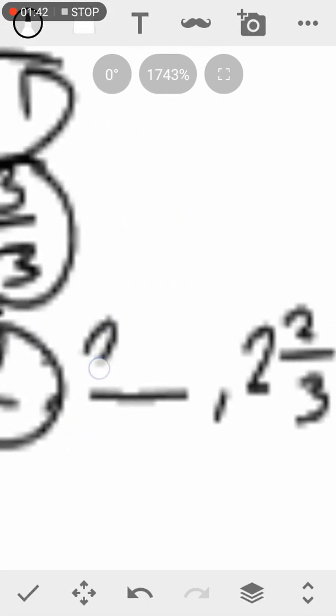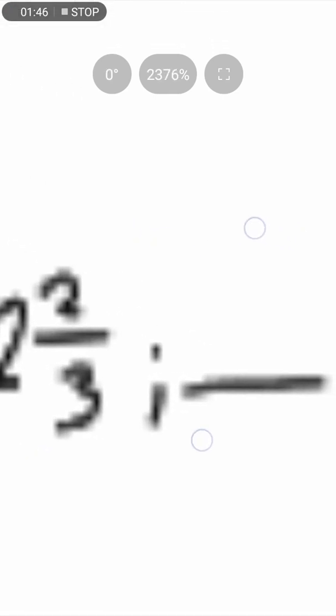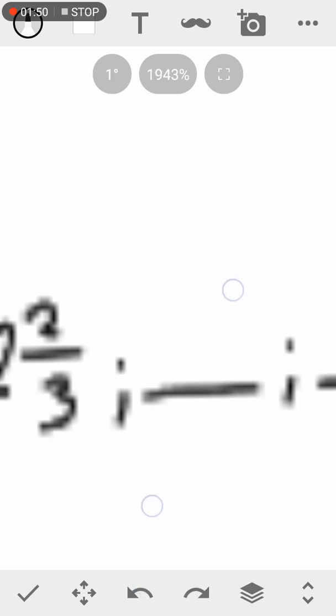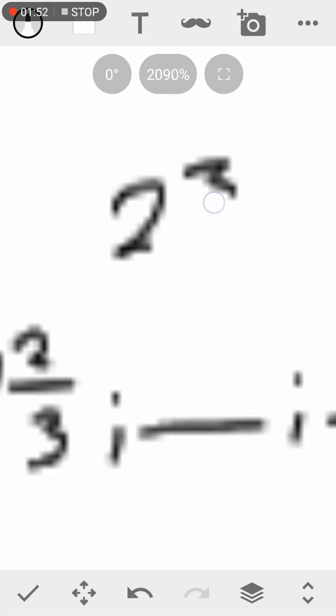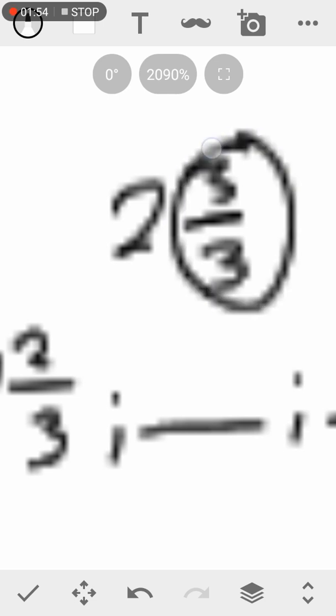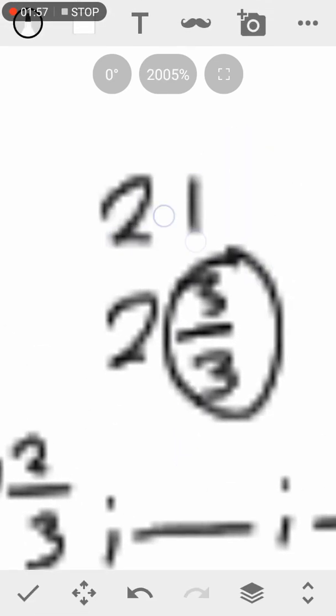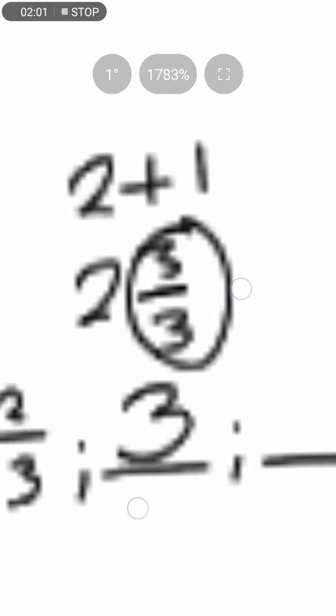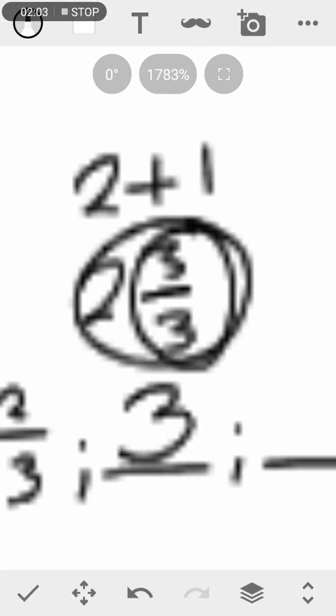Then we're going to have 2 and 1/3, 2 and 2/3. Then we are going to have 2 and 3/3. But because 3/3 means 1, we say 2 plus 1, and then we get 3. You can write it like this, but it means the same thing.